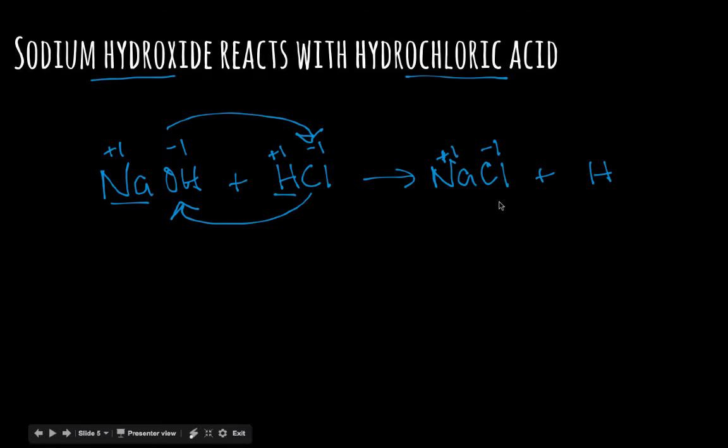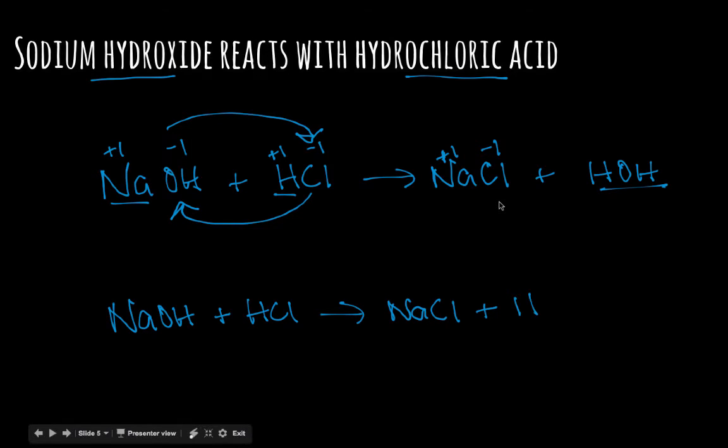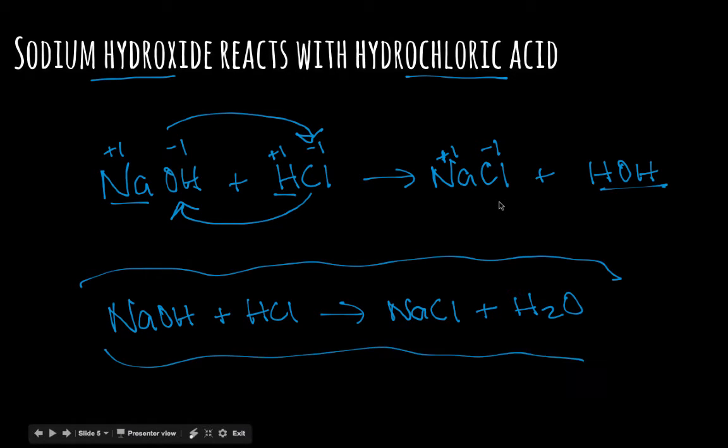And then the H would combine with the OH. Okay, so if I rewrite this out, I have NaOH plus HCl gives me NaCl plus HOH, which if you notice is the same as H2O. Again, this one is balanced the way it is, so this would be our final equation.